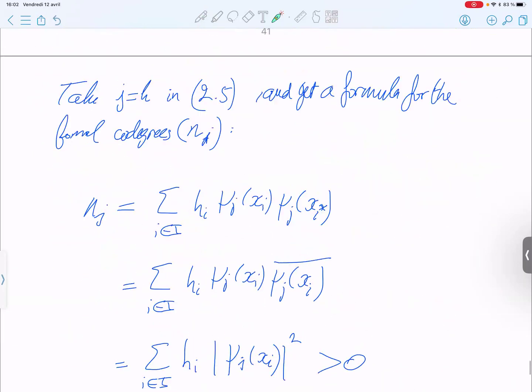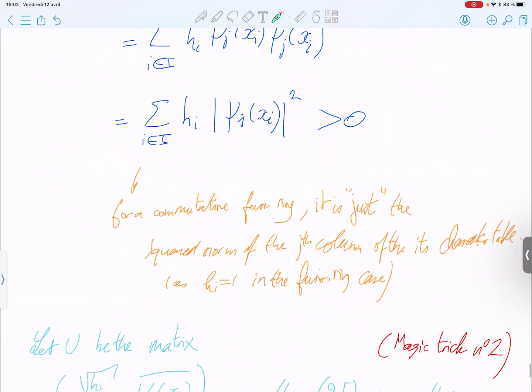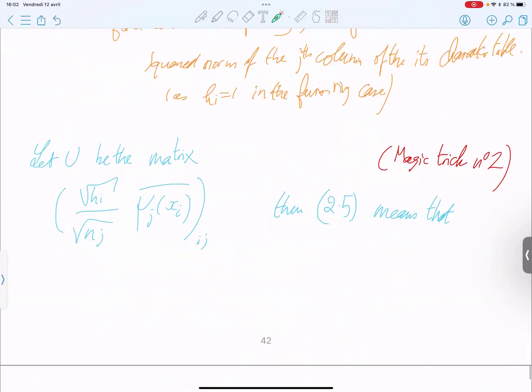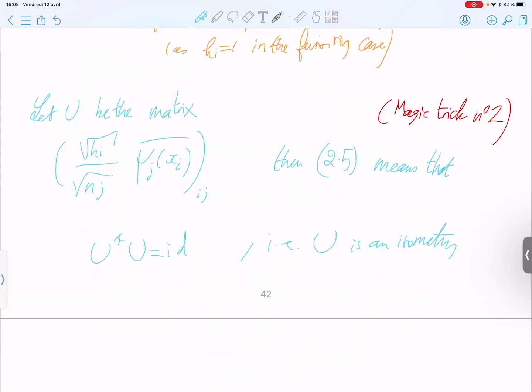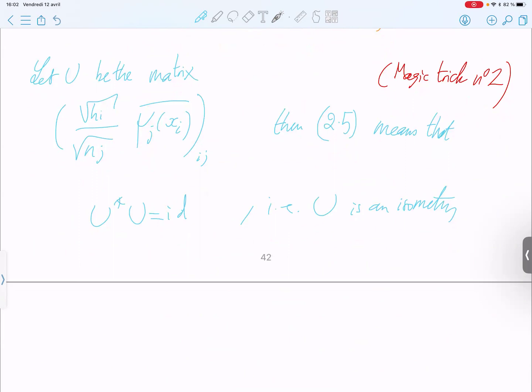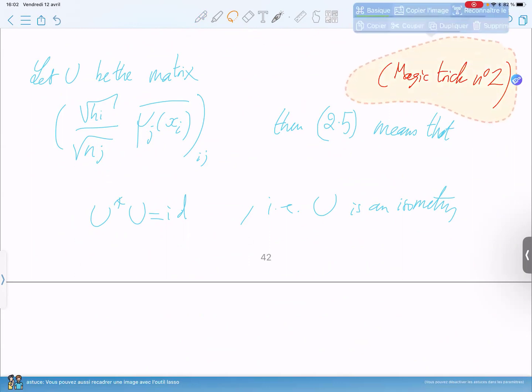In fact, this relation means exactly that this matrix is an isometry, meaning that U star U equal identity. And the magic trick is that in the finite dimensional case, an isometry is unitary. And this is a magic.